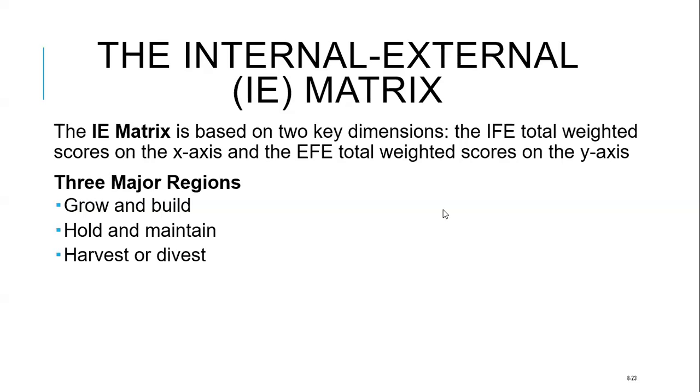Which of the various matrices will you recommend for them to use in picking specific strategies for these different divisions that I've mentioned? Did you get the question? Please allow us, repeat the question.